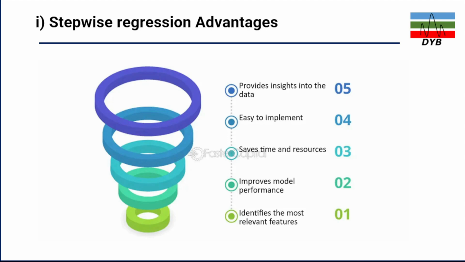The advantages of stepwise regression are that it provides insight into the data and is easy to implement. It saves time and resources and also improves model performance, because you discard the other data which is not required for the model creation, and identify the most relevant features.